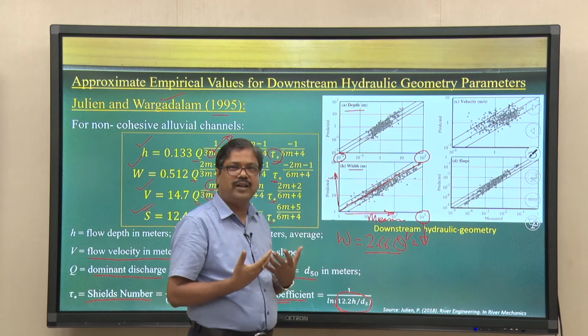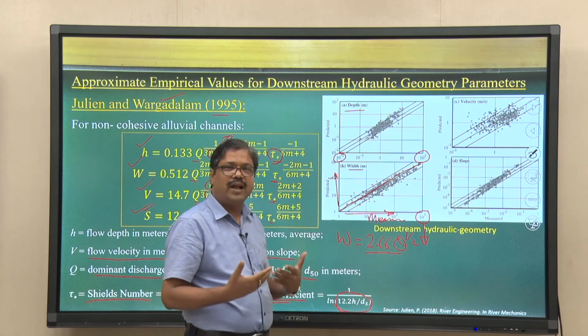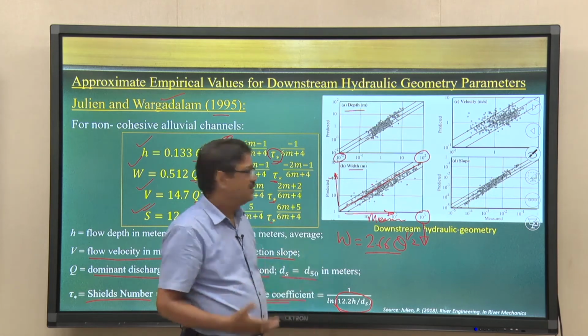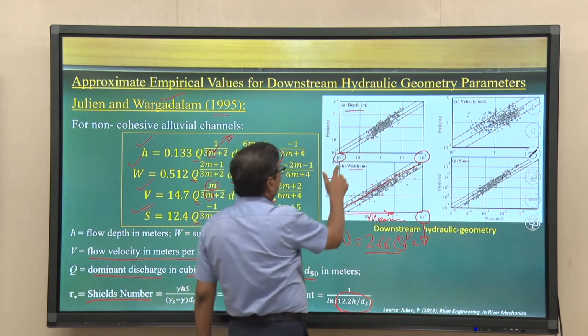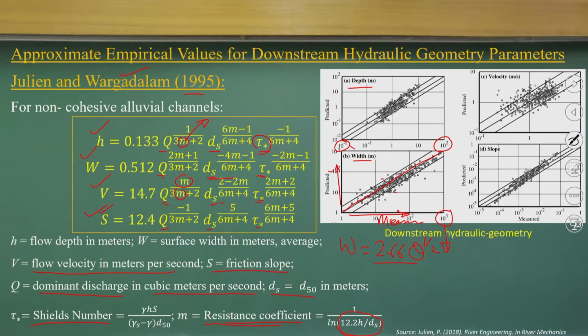So, we should interpret the data more extensively and look at the range. The measured depth is 10 to the power minus 2, which is centimeter level, and goes to 100 meters, and most of the rivers are in this range. Okay. Most of the rivers are up to 10 meters or 12 meters, not more than that, and the data set's outlier is here, which is the predicted range.